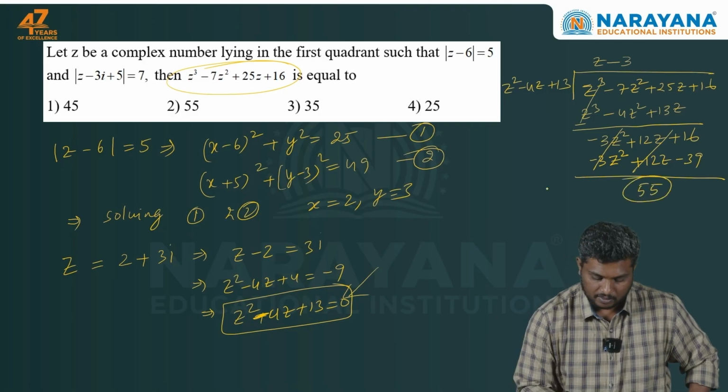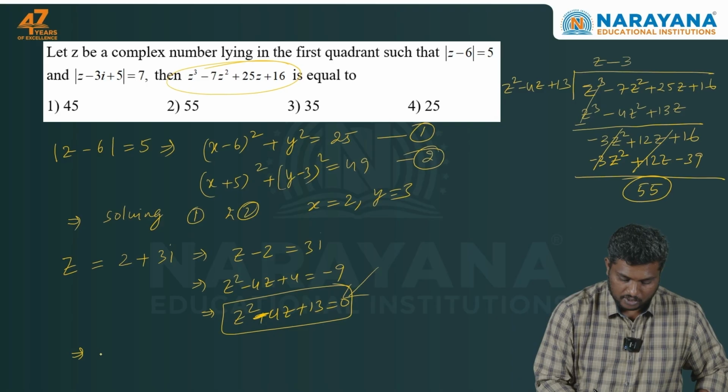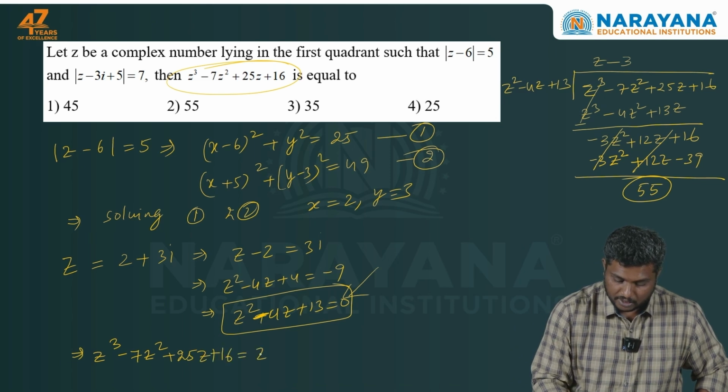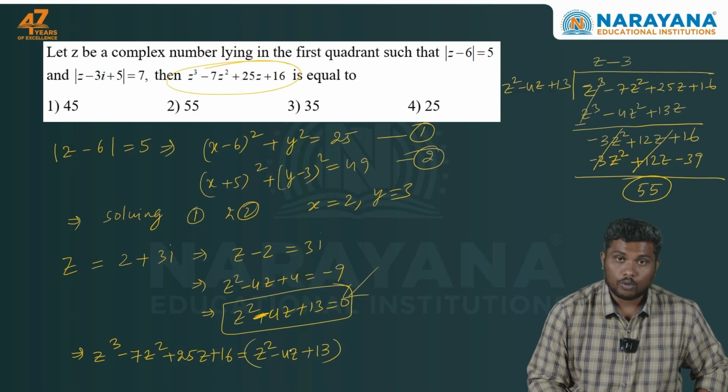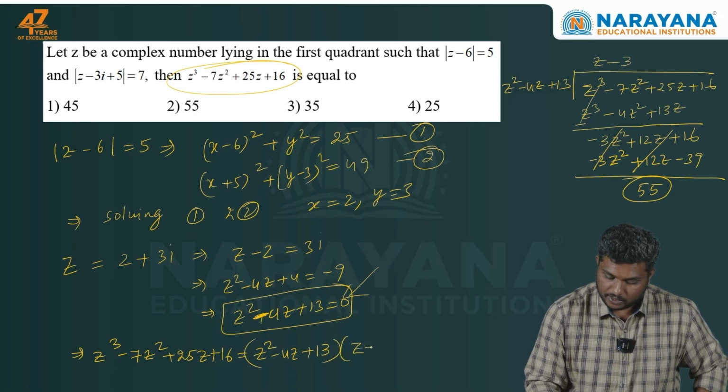Yeah, that's the remainder. So z cube minus 7z square plus 25z plus 16 can be written as z square minus 4z plus 13 into z minus 3 plus 55.